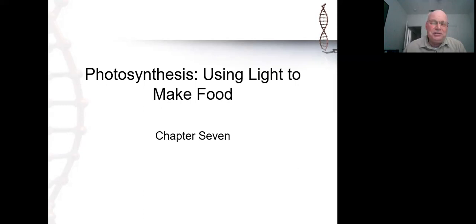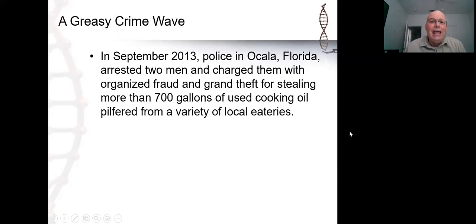But we're first going to start with what may seem like a topic that is totally unrelated to anything that may have a connection to photosynthesis. And it's the fact that in many situations, we find that people are doing some strange things.